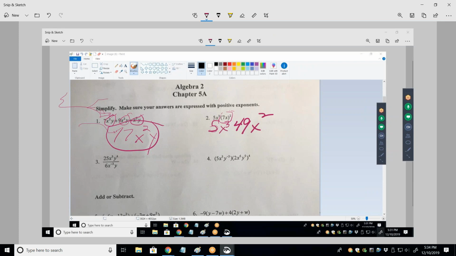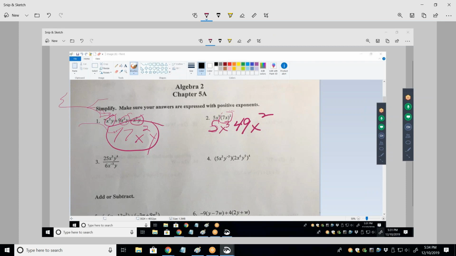Now you have 5x cubed times 49x squared. Multiply the two numbers together. What do you get? You can do it on a calculator if you want. 245.